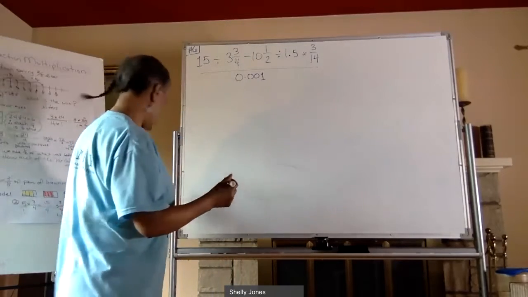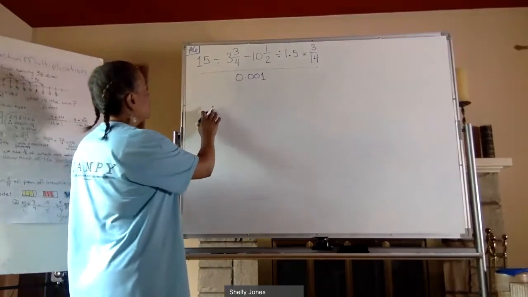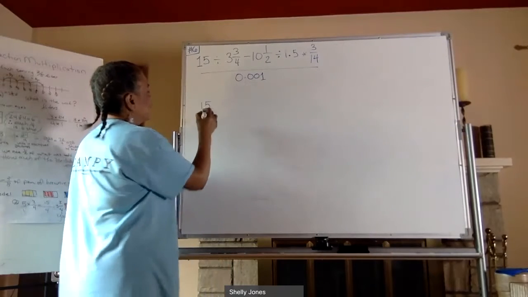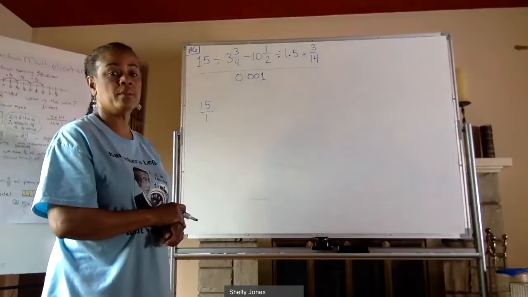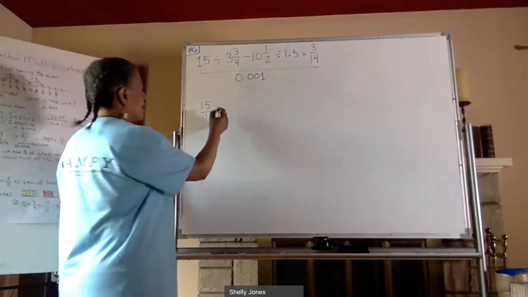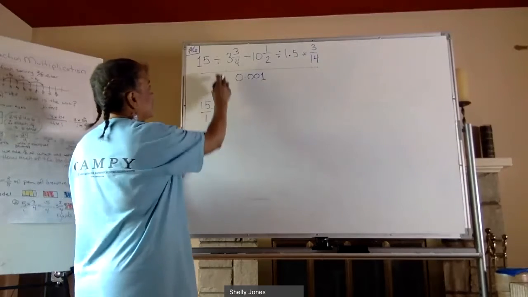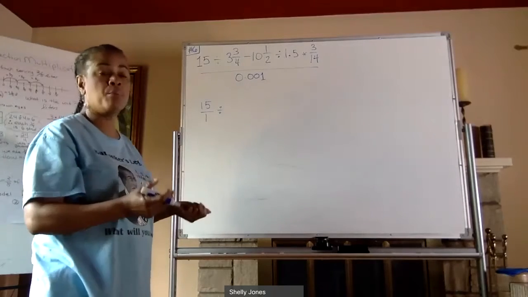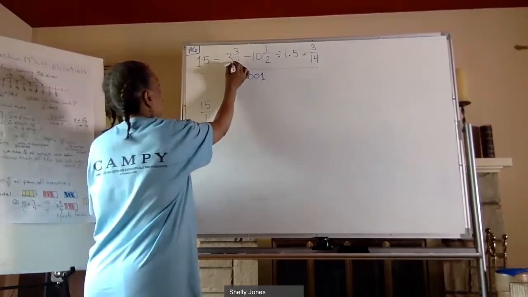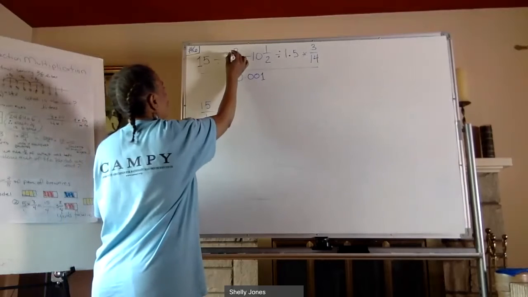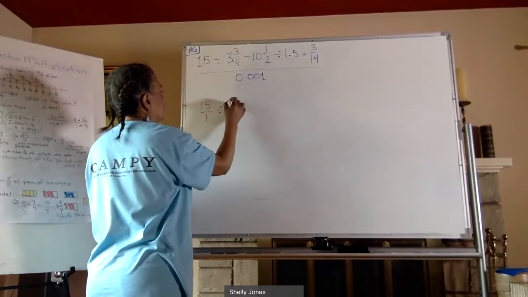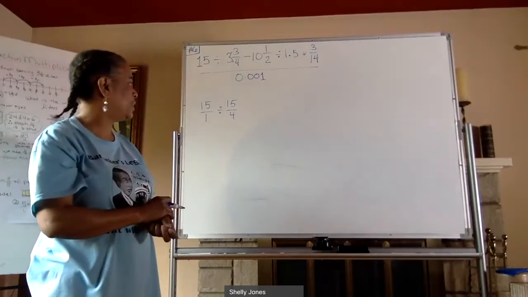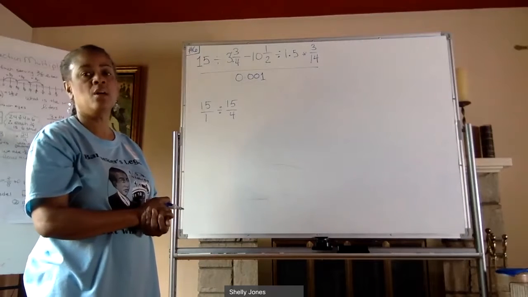So let's do this. Okay, so first I have 15, and I'm going to make 15 a 15 over 1. I'm going to make it a whole number fraction divided by, instead of 3 3/4, I'm going to change that to an improper fraction. So here I'm going to say 3 times 4 is 12. 12 plus 3 is 15 over 4. So I have 15 over 1 divided by 15 over 4.